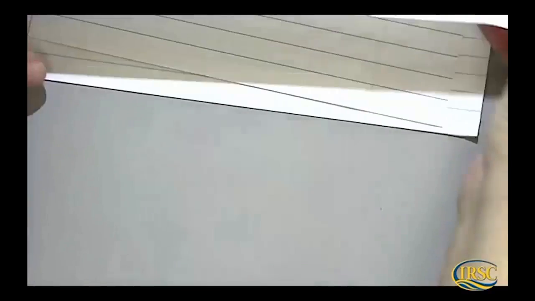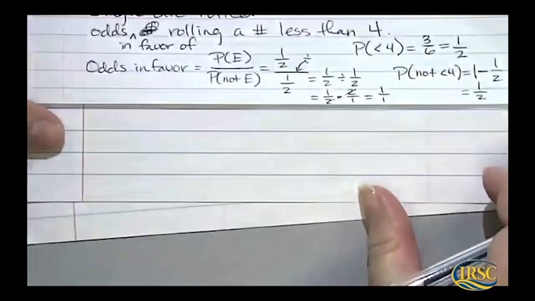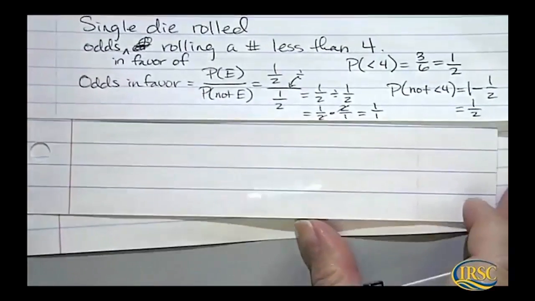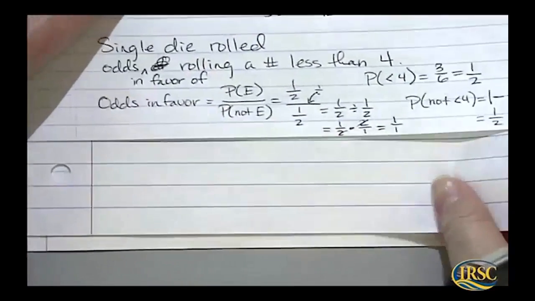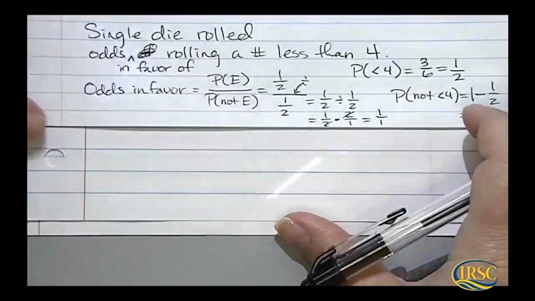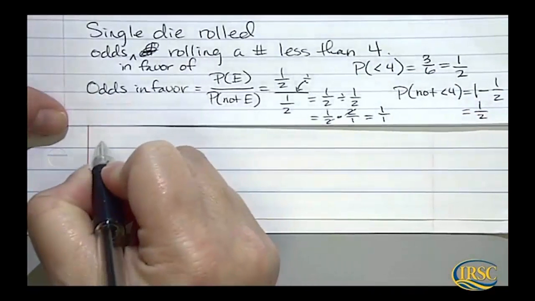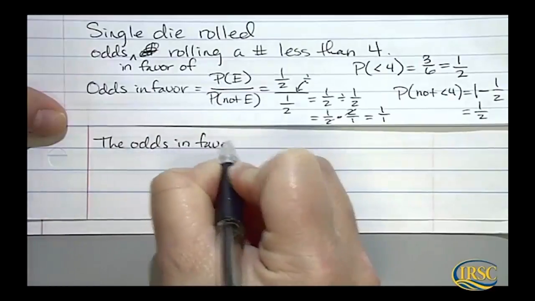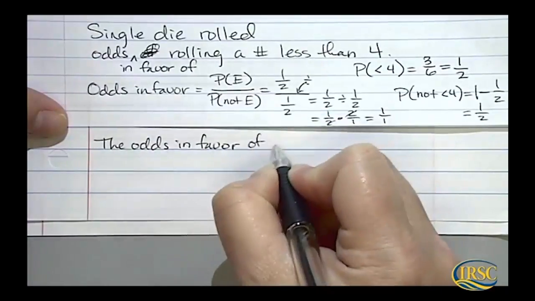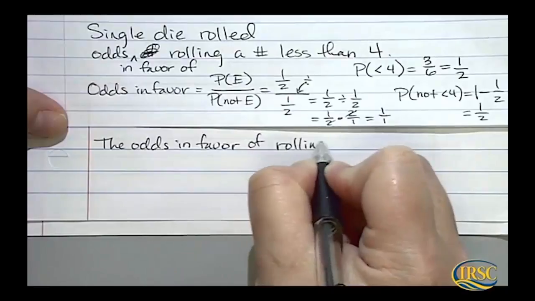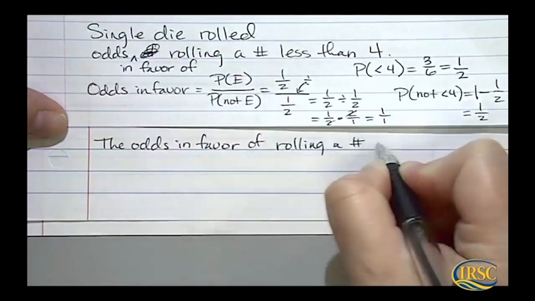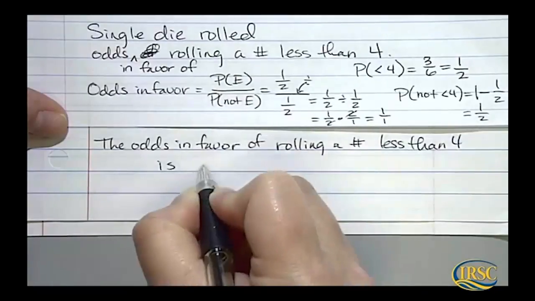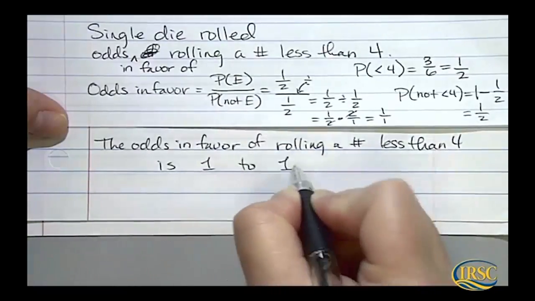It's 1 over 1 because the way that you're going to write your answer for odds is one of two ways. You're either going to write it in words: the odds in favor of rolling a number less than 4 is 1 to 1.